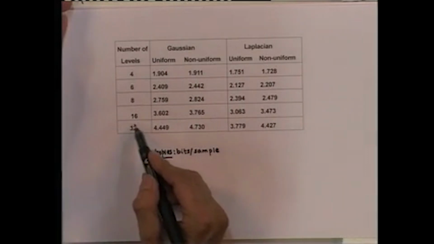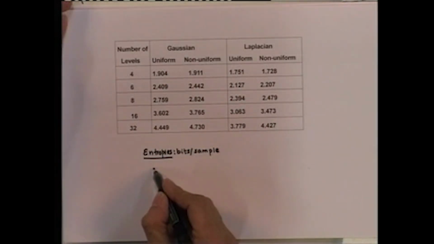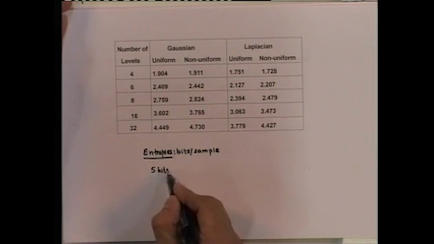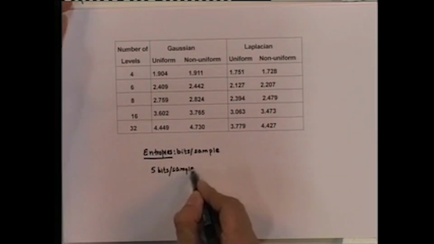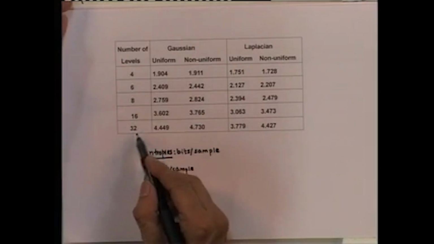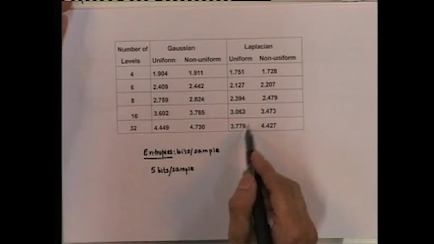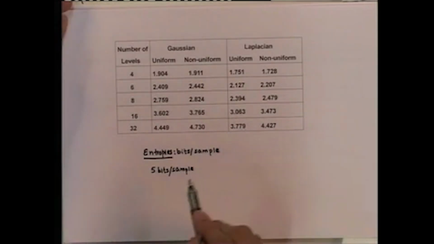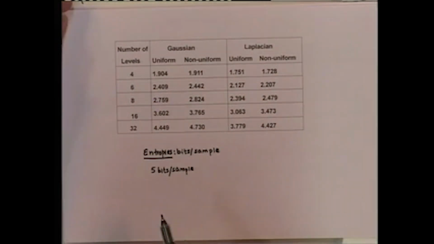For example, for 32 levels, a fixed rate quantizer would require 5 bits per sample. However, the entropy of a 32 level uniform quantizer for the Laplacian case is 3.779 bits per sample, which is more than 1 bit less.